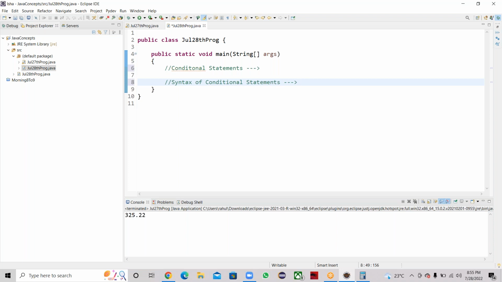Syntax of conditional statements: if the condition needs to be satisfied, execution will stop there if the condition is satisfied. I'll explain, Vika, just give me a minute. We write the condition that needs to be satisfied, then we execute the block of code inside the if. Okay.